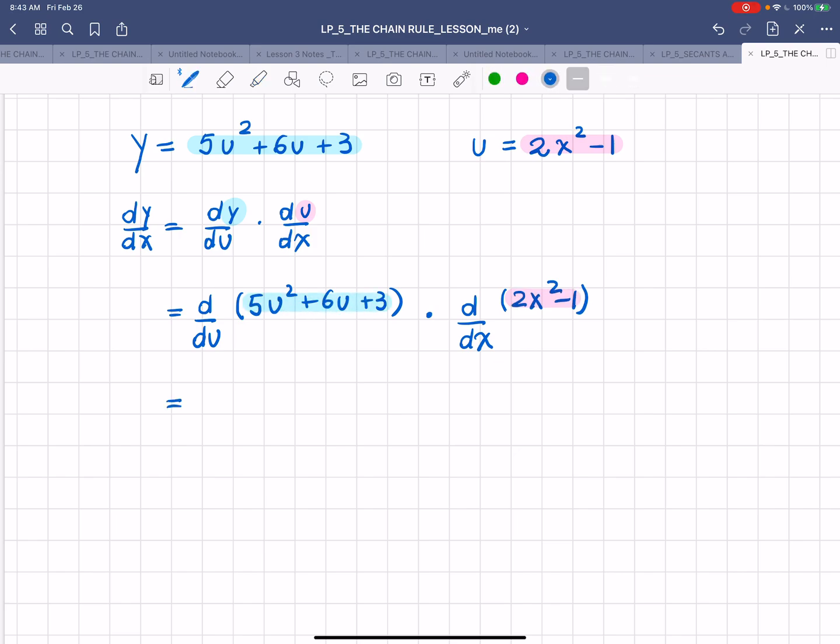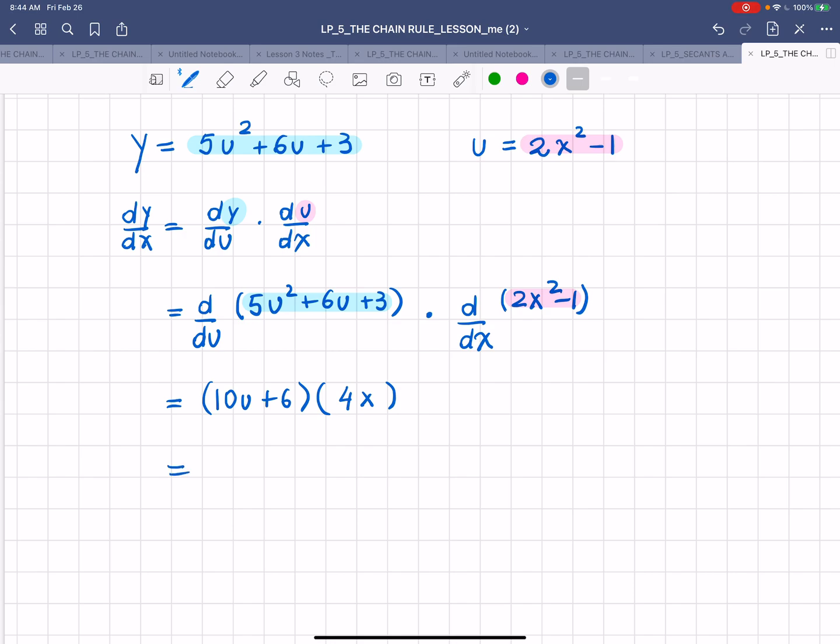And now we simply differentiate. This is just the power rule. So that would be 10u plus 6. The derivative of 2x squared minus 1 is 4x. Remember, the derivative of minus 1 is 0.